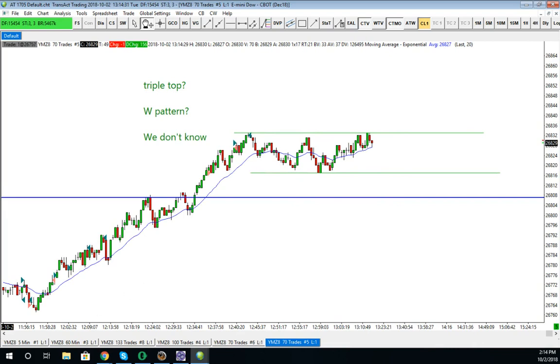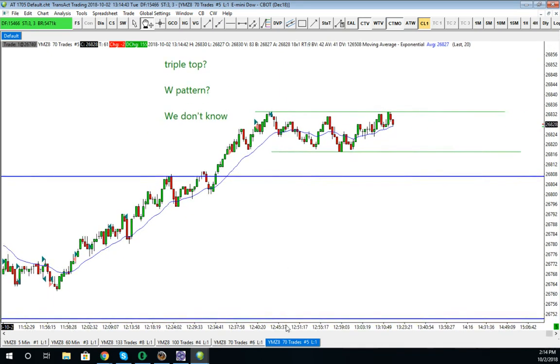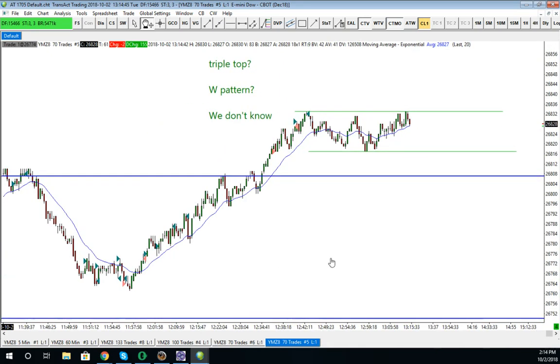Okay, we're about 8 minutes since I paused the video, and I was playing around with this text drawing tool here, and I just noted that, you know, after this run up, this could be seen as maybe some sort of a triple top or a W. Just some things to keep in mind.